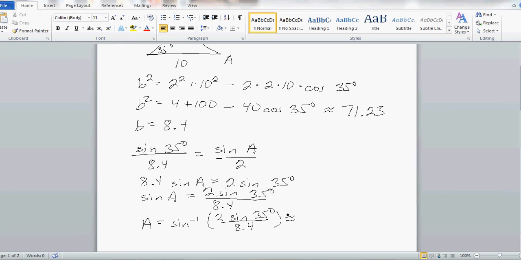So I need the arc sine of 2 times sine of 35 divided by 8.4, which is equal to, rounding to the nearest degree, 8 degrees.